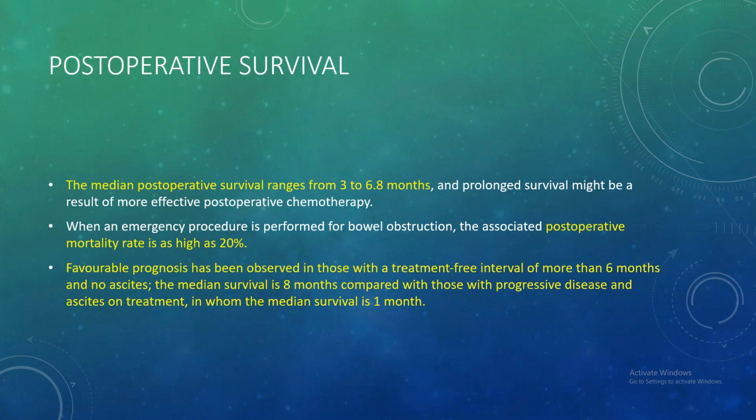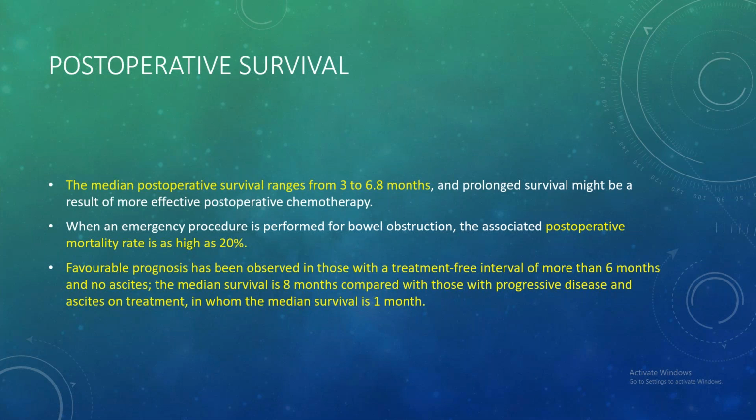Now, what is the post-operative survival in case of bowel obstruction? As I told you, the mortality is very high, around 25%. Median post-operative survival is 3 to 6.8 months, and prolonged survival can be a result of more effective post-operative chemotherapy. When an emergency procedure is performed for bowel obstruction, the post-operative mortality is as high as 20%.